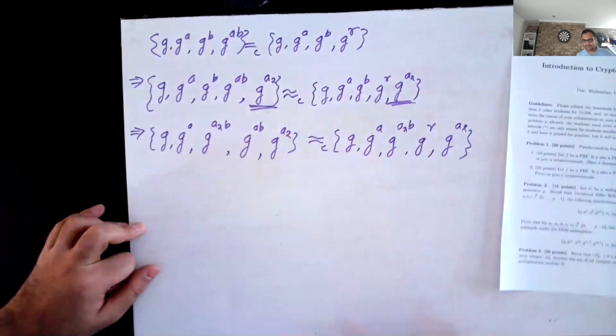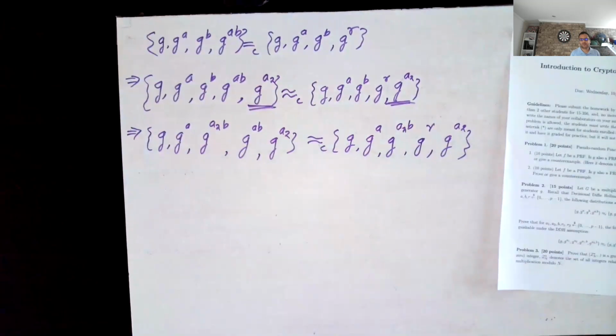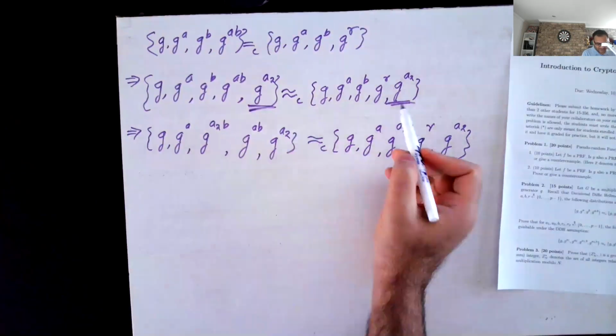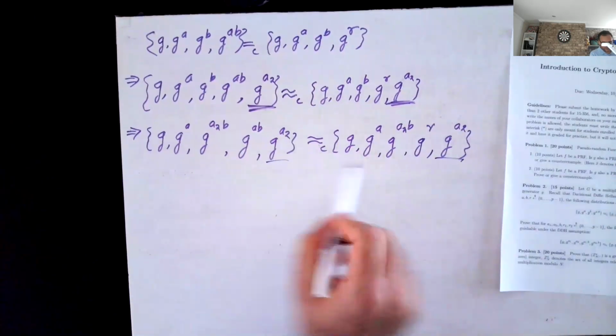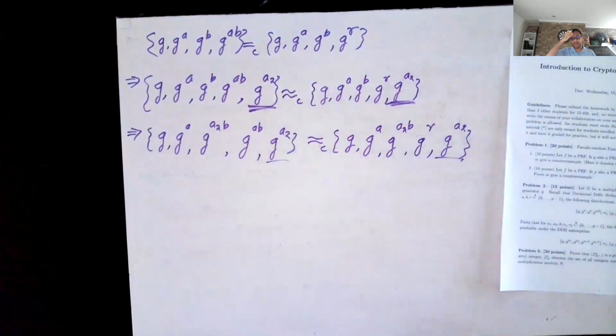Why is this the case? So first I added some random element, and then I started doing strange things with this a2. I put a2 here. So why does this step follow?